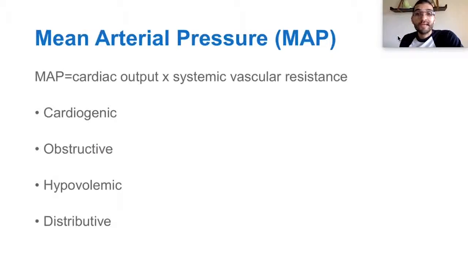For example, if somebody has acute AI, you may be very hypotensive and in cardiogenic shock, because all the flow is coming back into the LV because of the AI, which is aortic insufficiency. The other thing to consider is an obstructive problem.